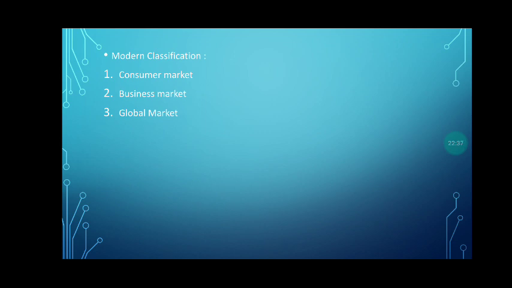So their focus is to maintain the superior brand image. The products offered in the consumer market include shoes, apparel, clothing, and also many household items like TV, refrigerators, sound systems, washing machines, etc. So these are the different types of products offered in the consumer market.